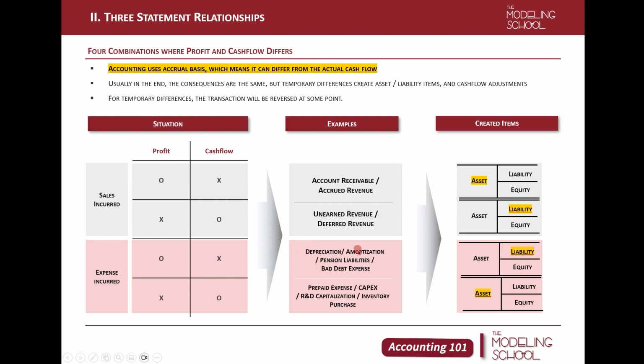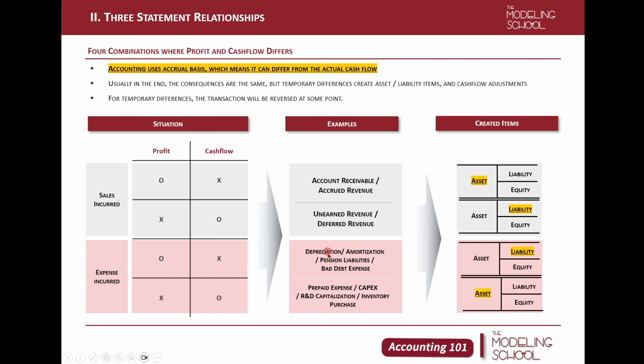Items like depreciation, amortization, pension liabilities, or bad debt expenses. For example, depreciation, in the income statement, we classify it as an expense, but these are expenses that have not yet generated cash outflows. So in this case, liabilities should be created or assets can be decreased.